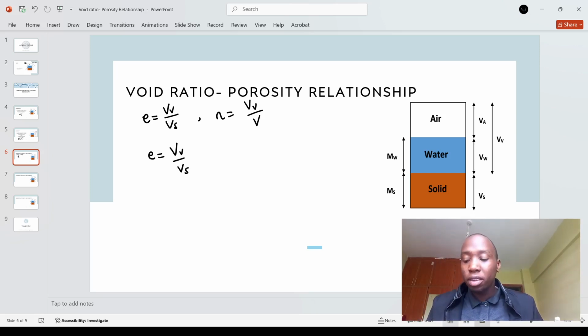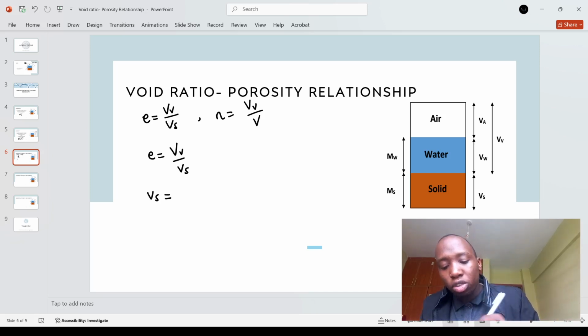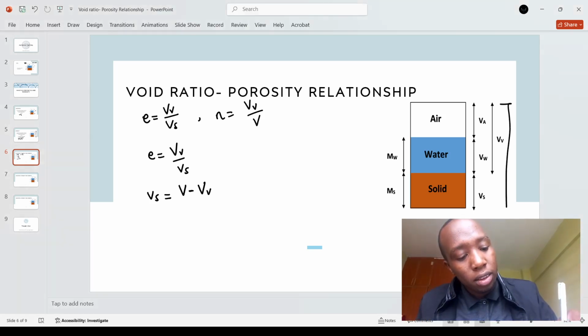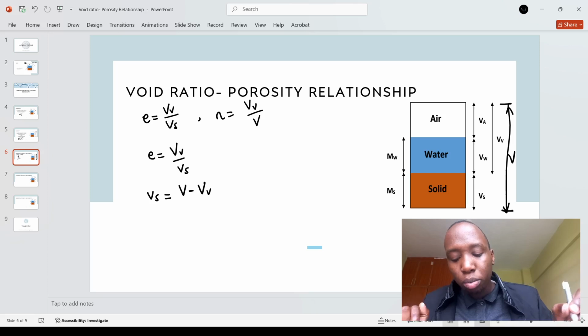From the previous study, we saw that the volume of solids can be represented as the total volume less the volume of voids. From what you can see here, this is the phase diagram, this is the total volume. So if I want to obtain the volume of solids, I'll say the total volume V less the volume of voids.